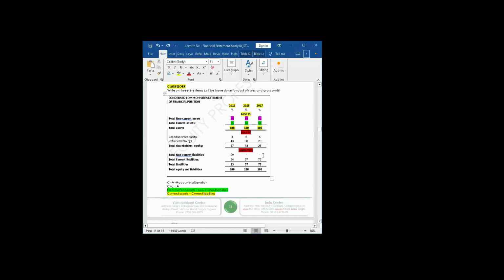Okay, so in 2017, we had 52% of non-current assets. So how did they finance it? Do they have any non-current liabilities? The answer is no. No non-current liabilities. This means that the company used the current liabilities to finance its what?